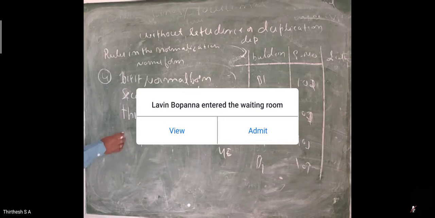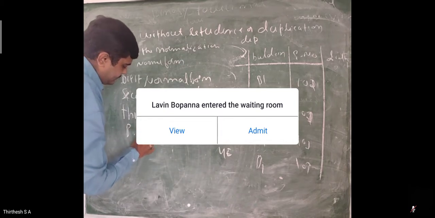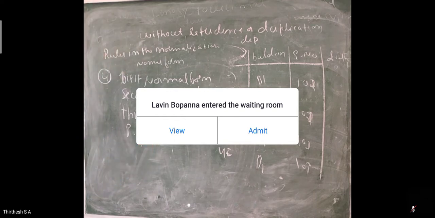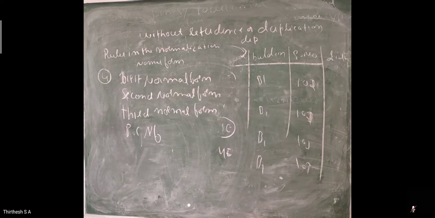Third normal form, and BCNF, Boyce-Codd normal form. Okay, there are four types of normal forms: first normal form 1NF, second normal form 2NF, third normal form 3NF, and Boyce-Codd normal form BCNF.